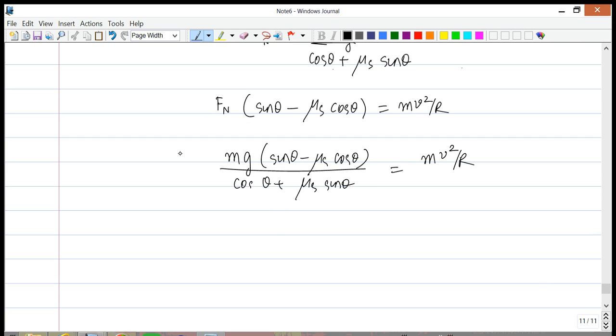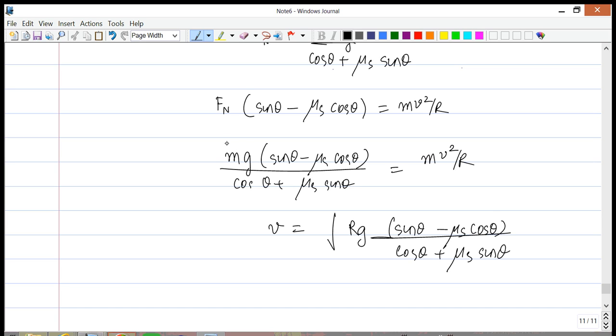This gives me an expression for v: v equals the square root of rg times sine theta minus mu s cosine theta, divided by cosine theta plus mu s sine theta. So this is the minimum speed with which it must travel.